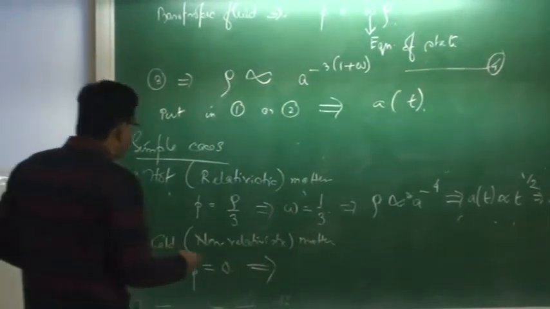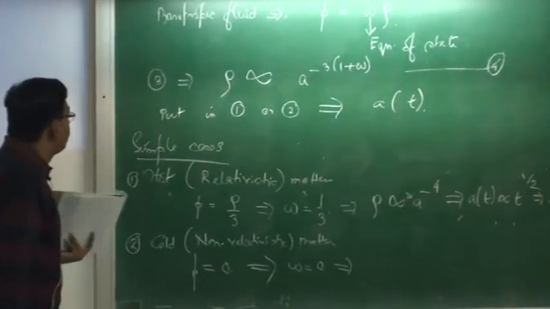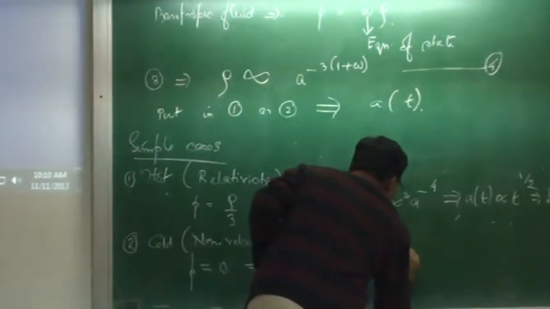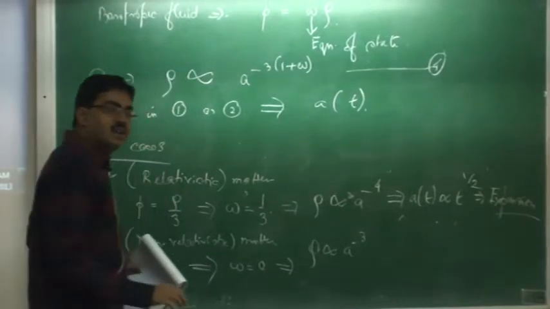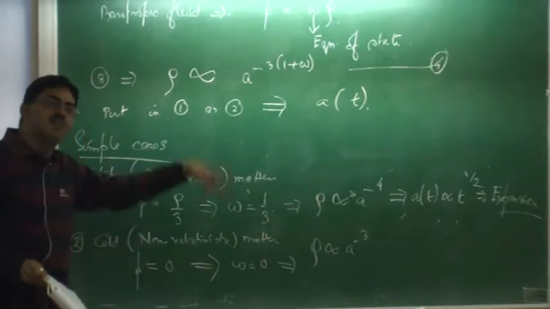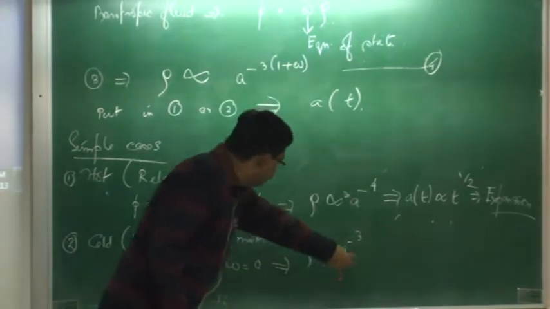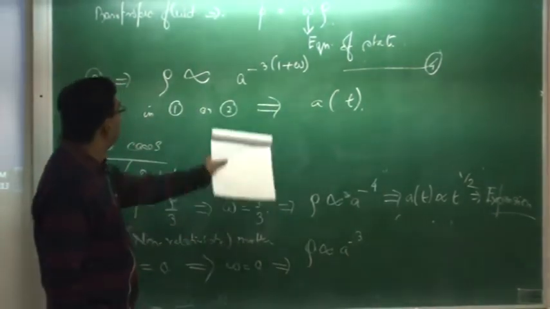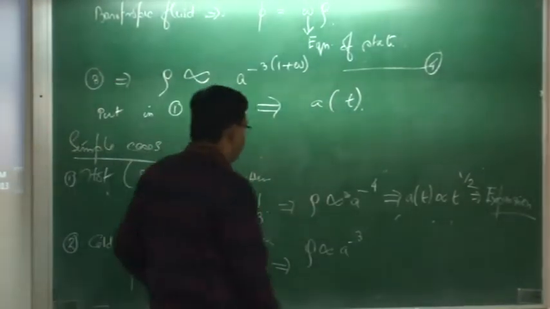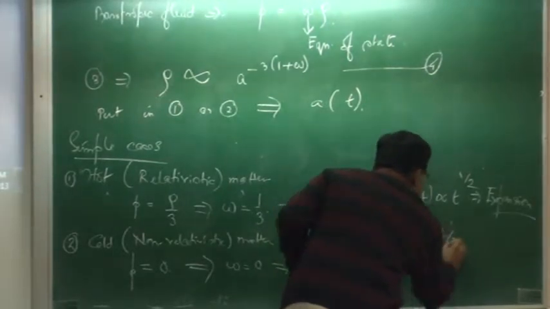If your pressure is 0, it readily guarantees that omega equals 0, and you put that value into equation number 4, that gives you rho proportional to a to the power minus 3. I'm doing the same business, there is nothing new here. I'm putting a different value of omega and solving similar sets of equations with similar tricks. You put that value into either equation number 1 or 2, that will give you a(t) proportional to t to the power two-thirds.